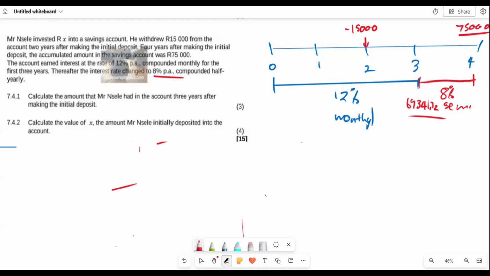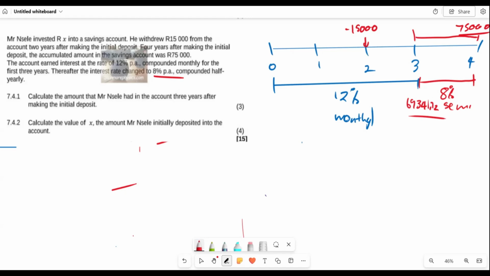So what one can do is calculate how much interest is going to be earned in the last quarter. Now we can calculate how much money we will have if the 15,000 was withdrawn, right? So let's see. We can start from here: starting from here up until here, what is it that we are going to have here, right?